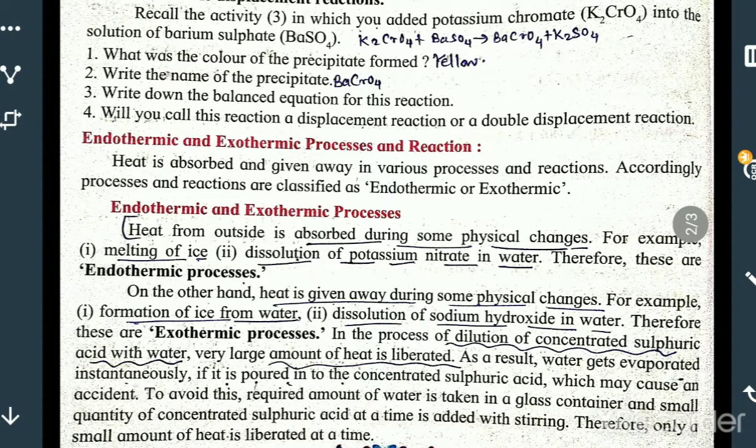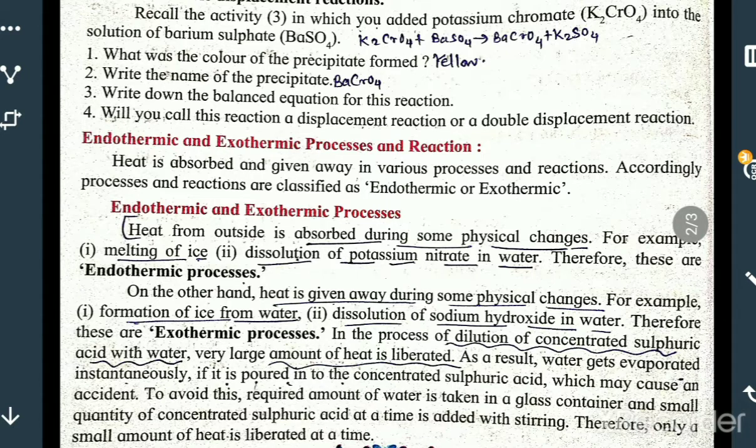So, in an exothermic process, we come to know that it is a physical change in which heat is given away. In these two examples, formation of ice from water, when water gets converted into ice, it evolves some amount of heat. And secondly, in dissolution of sodium hydroxide in water, there also heat is given out.